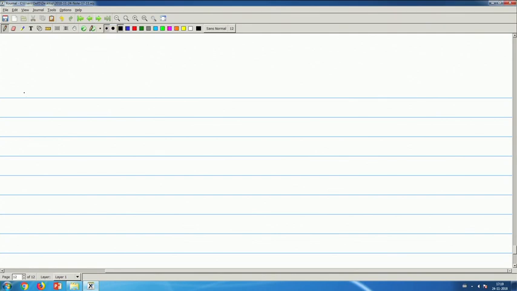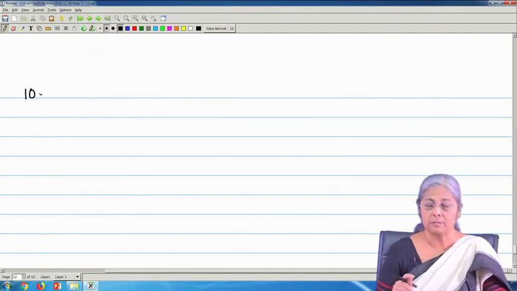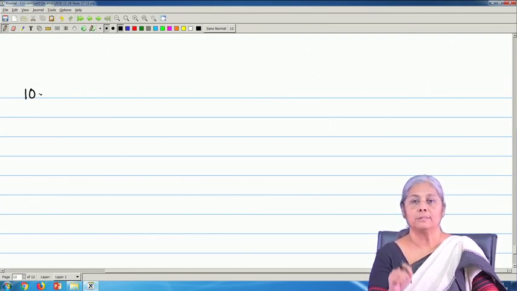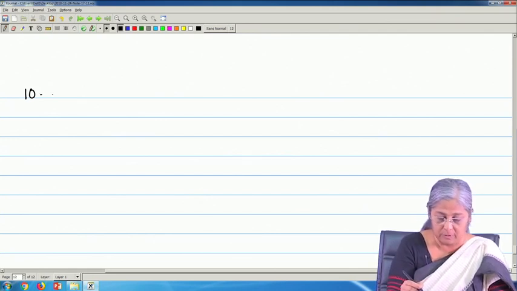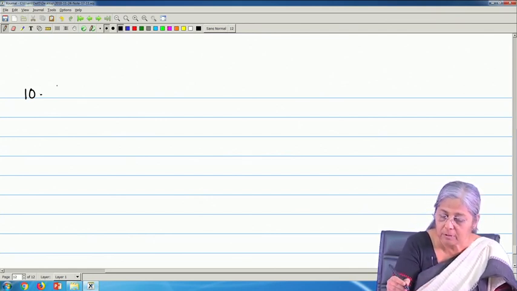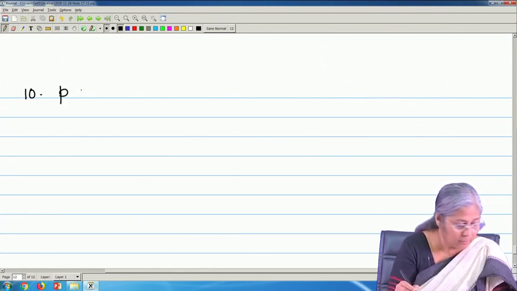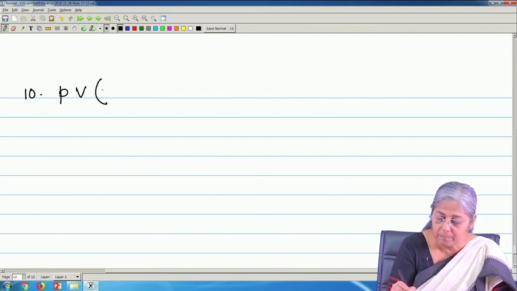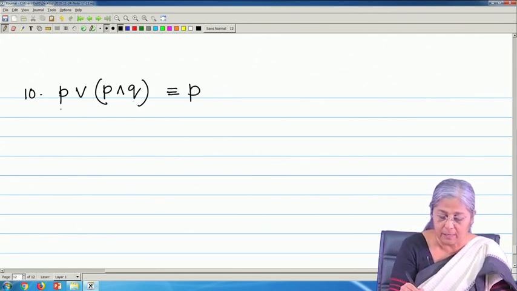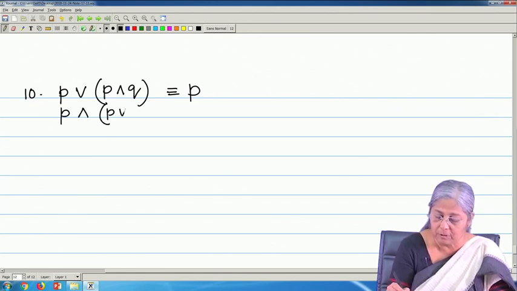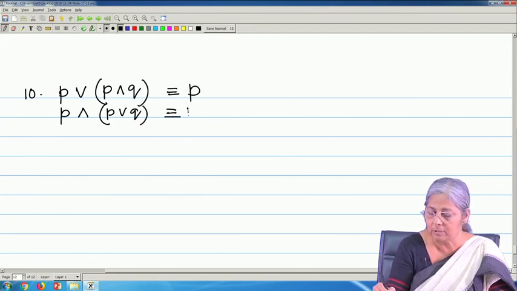Now, another important one is absorption. This is very much required when we try to simplify a compound proposition. Absorption says that P or (P and Q) is P only, and P and (P or Q) is also P. Why?